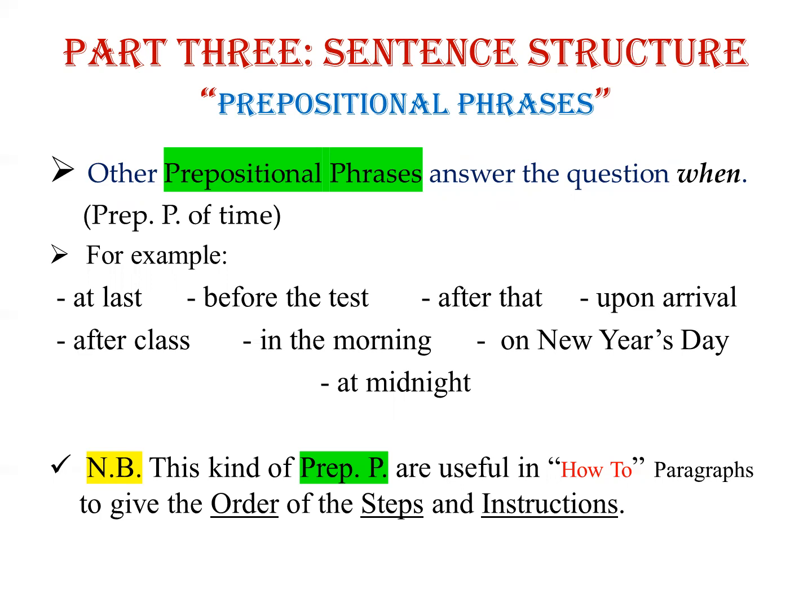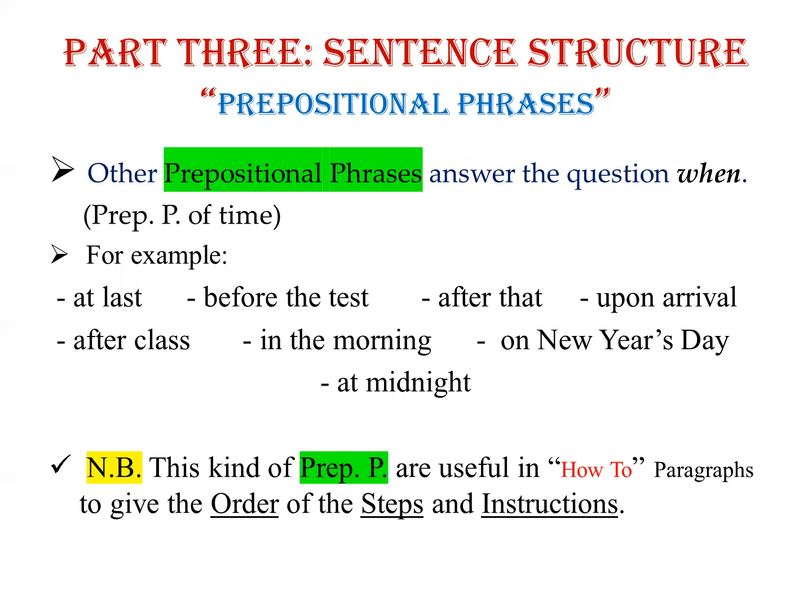After that, after this, you do this. So I'm giving you a time. Upon arrival, after class, in the morning. I'm telling you to drink your coffee in the morning. So I'm giving you a specific time. Because of this, we call them prepositional phrases of time because they describe time.